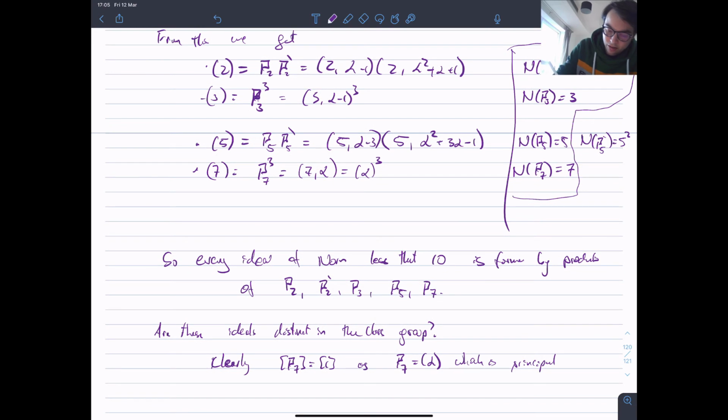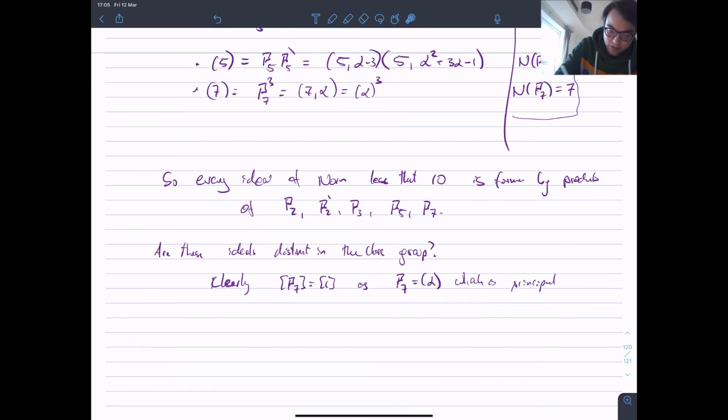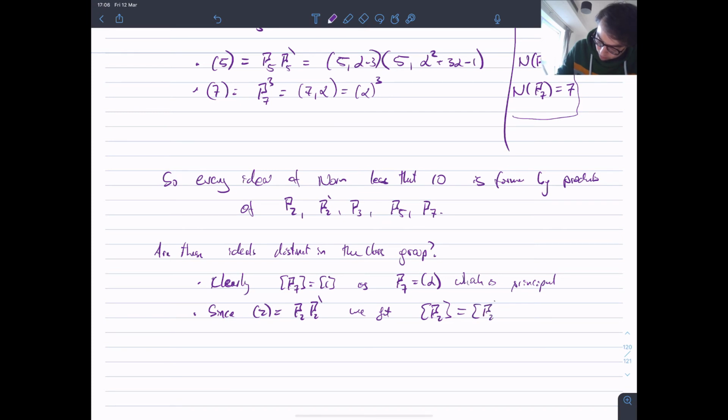And for example, we know that these two ideals multiply to 2, so the product of these two ideals is the principal ideal. So as classes, this tells me that the elements are inverse. So this is similar for the other ones. Since, for example, 2 is the ideal P2 times P2 dashed, we get that whatever the class of P2 is going to be, the inverse of this class.